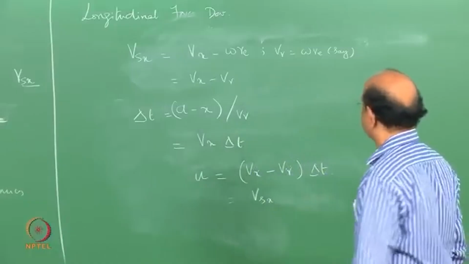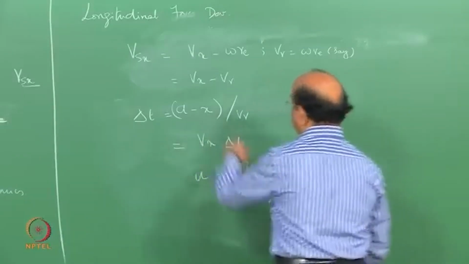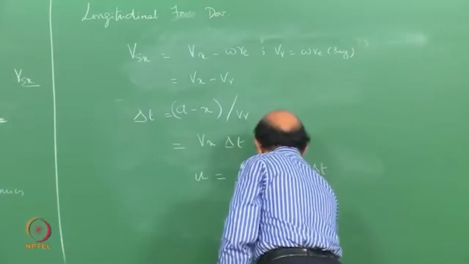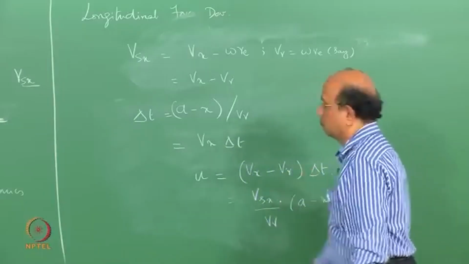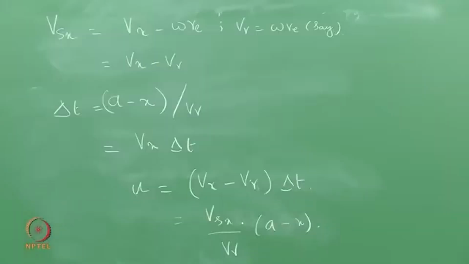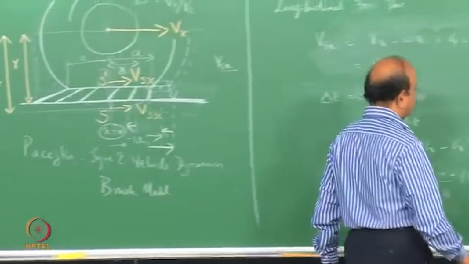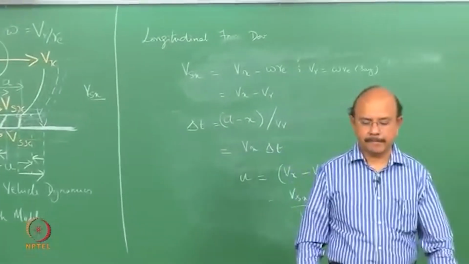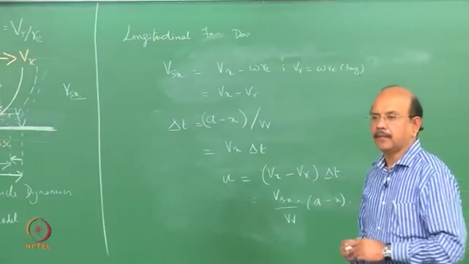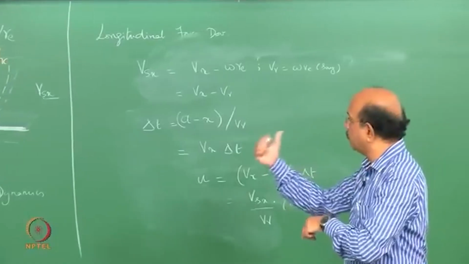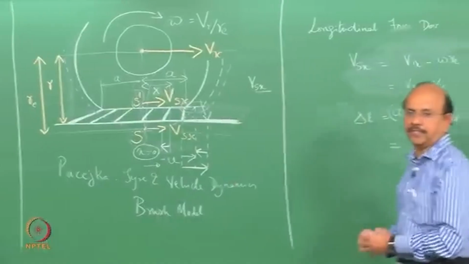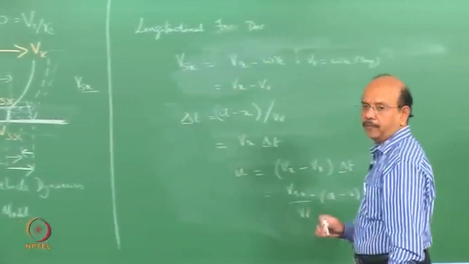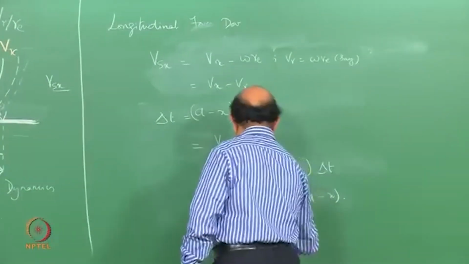That is equal to Vsx into delta t, and delta t is a minus x divided by Vr, so into a minus x. Since we are considering braking, I have to be careful. So Vsx into a minus x over Vr. Since the deformation in my coordinate system is positive along this direction, the deformation actually is in the negative direction, so I have to write the deformation to be minus.